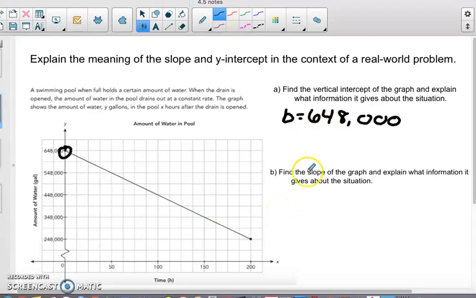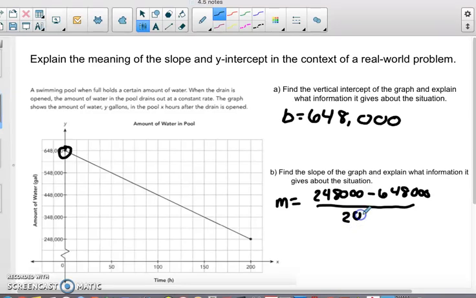In part B, we want to find the slope of the graph and explain what information it gives. So let's use our slope formula. So we will have 248,000 minus 648,000 over 200 minus 0.